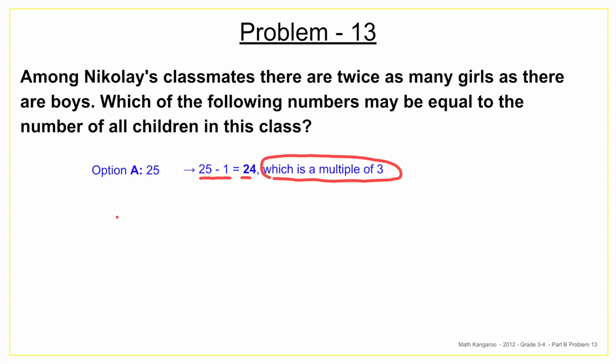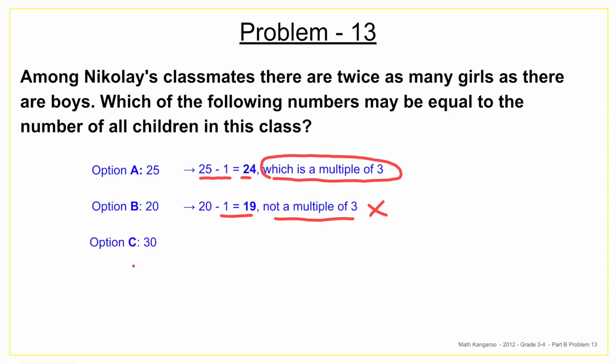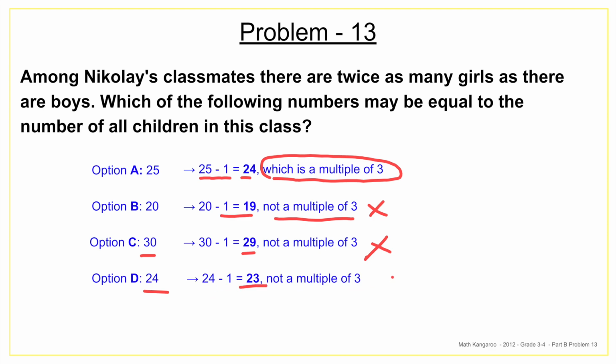But let's try option B. Option B is 20. That means 20 minus 1 gives us 19, not a multiple of 3, so that could not be our answer. Option C, 30. 30 minus 1, 29, not a multiple of 3, could not be our answer. Option D, 24. 24 minus 1 gives us 23, not a multiple of 3.